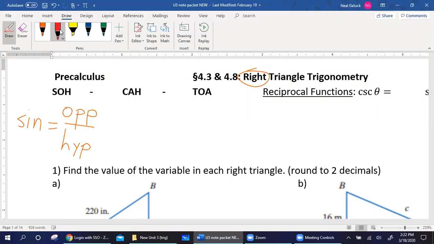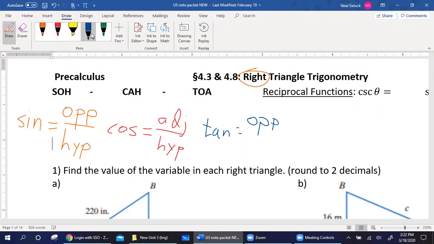The cosine, the C, is the adjacent side over the hypotenuse. And lastly, T stands for tangent. The tangent is the opposite over the adjacent.